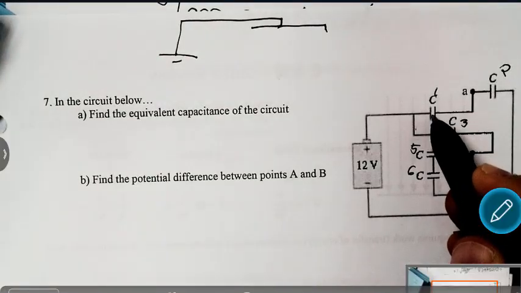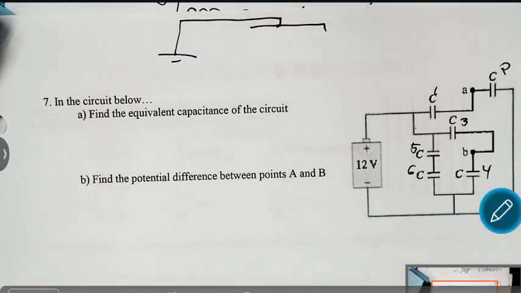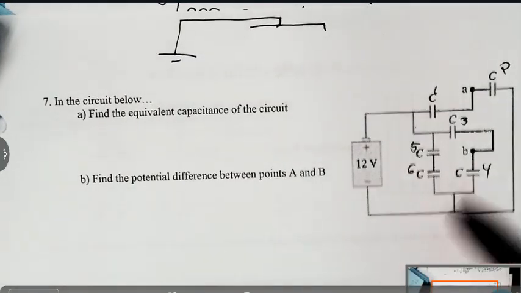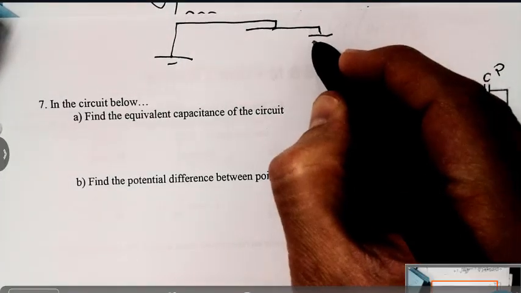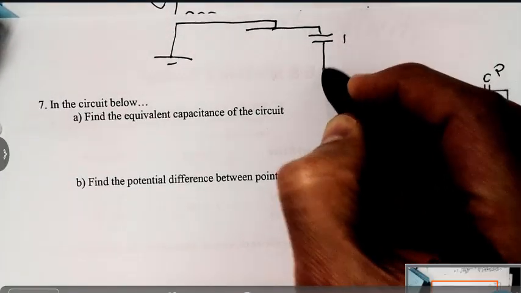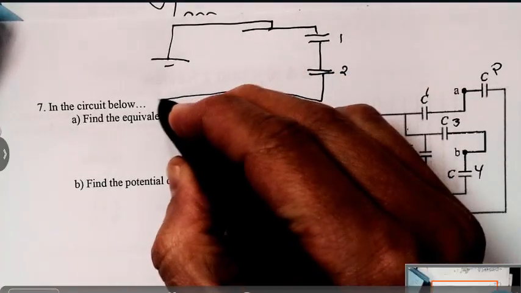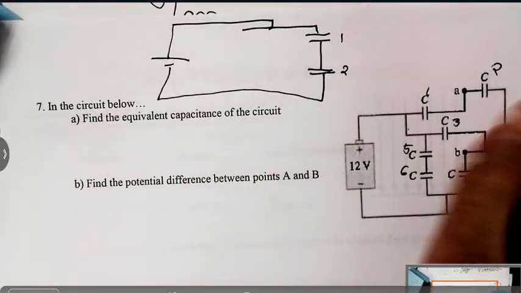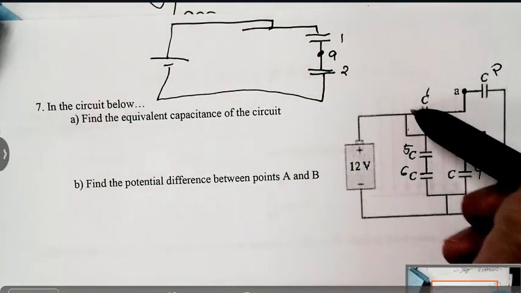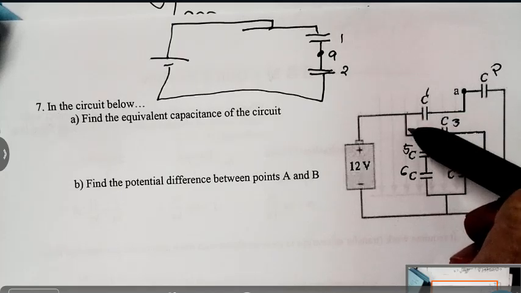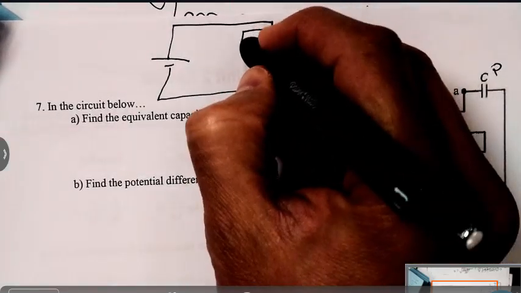And then we hit capacitor 1, and then capacitor 2, and we go all the way back to our battery. And point A is right here in between 1 and 2. Now let's focus on this split. It splits into 2 again.